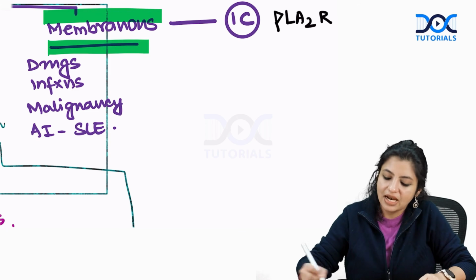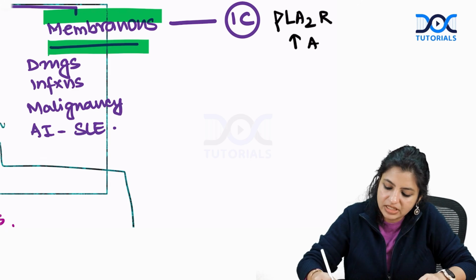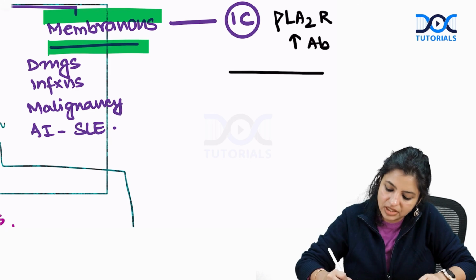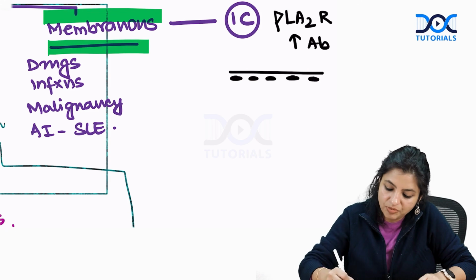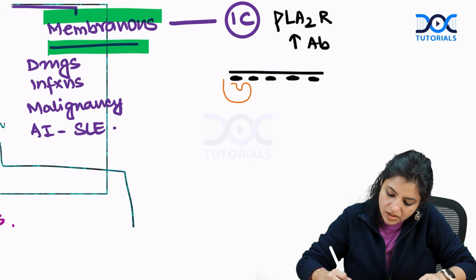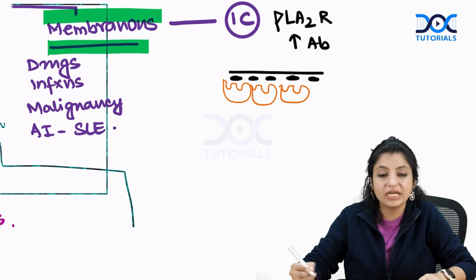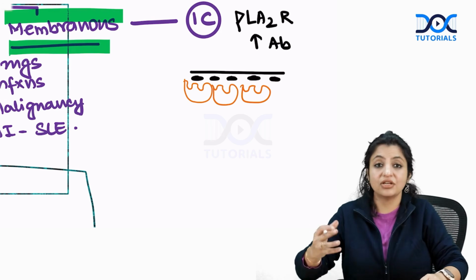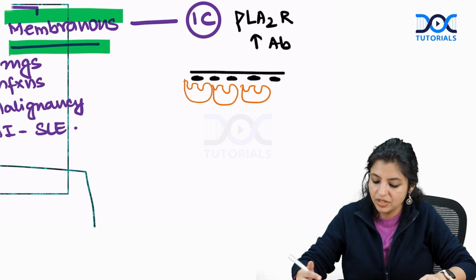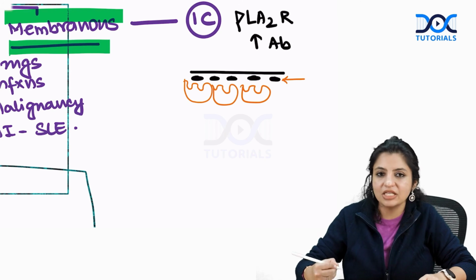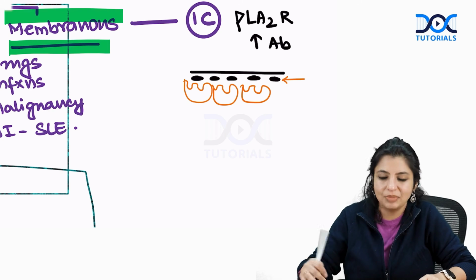Whenever this is an antigen, antibody is formed against it. The antigen-antibody complex goes and deposits in the subepithelial location. These are the podocytes here. Remember the deposit is between the basement membrane and the epithelium, so it's below the visceral epithelial cells.